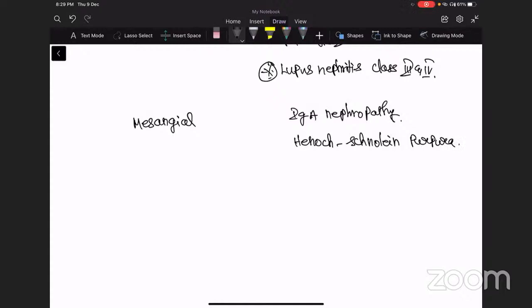Can anyone tell me which is the most common area for developing purpura in HSP?